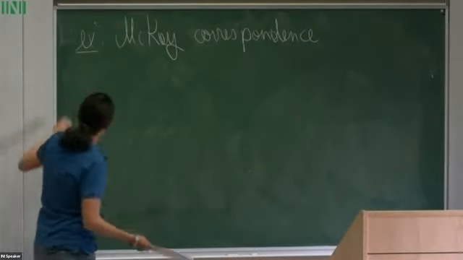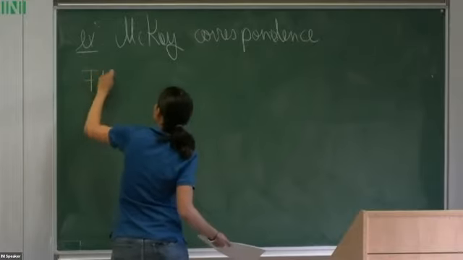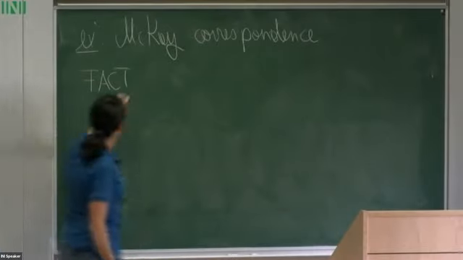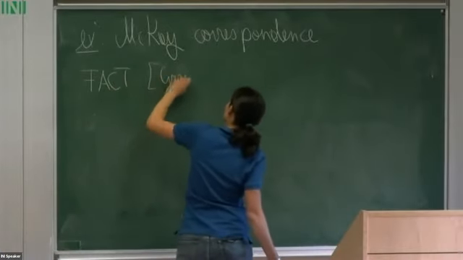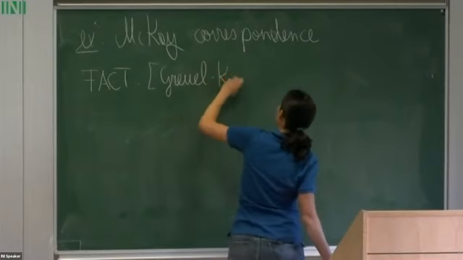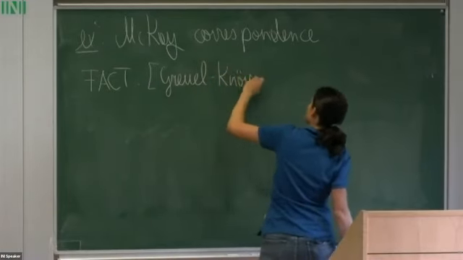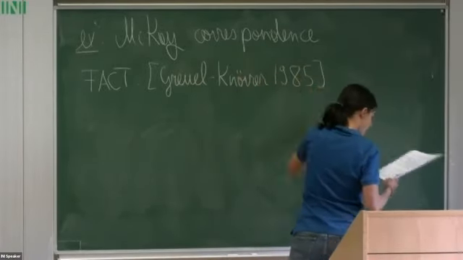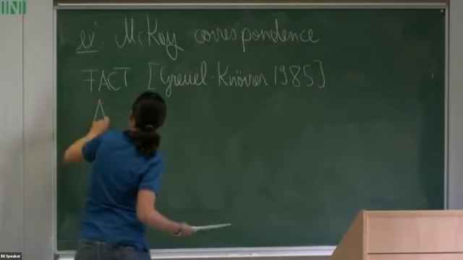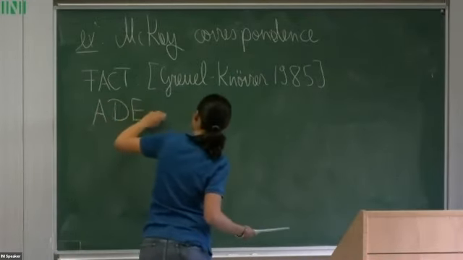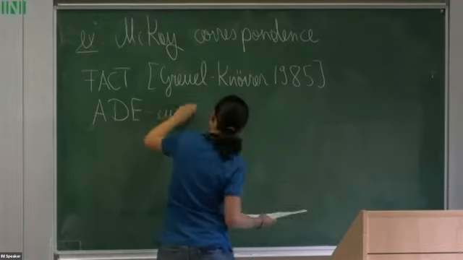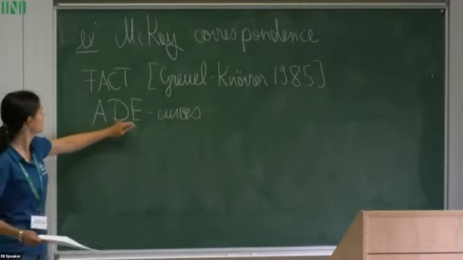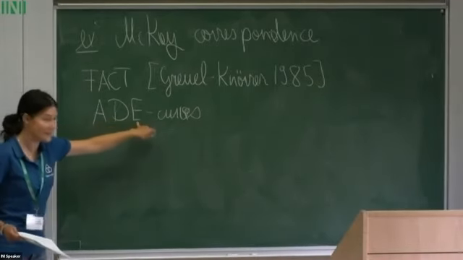So first of all, well, it's a fact, or it's a calculation which was proven by Greuel and Knörrer in 1985, quite a while ago, that the ADE curves, so yesterday I made this slightly incomplete list of A, D and E hypersurfaces.